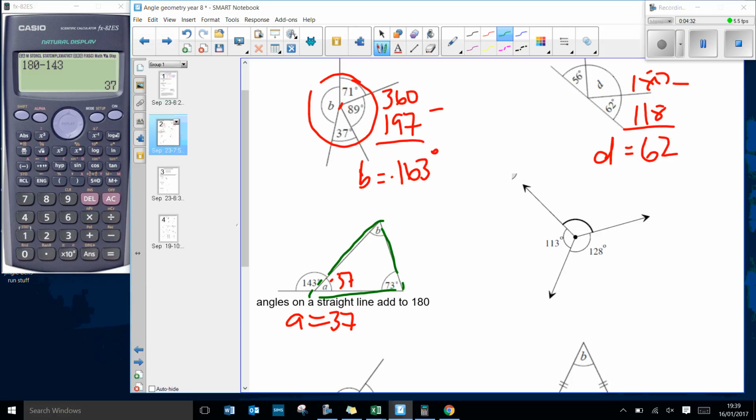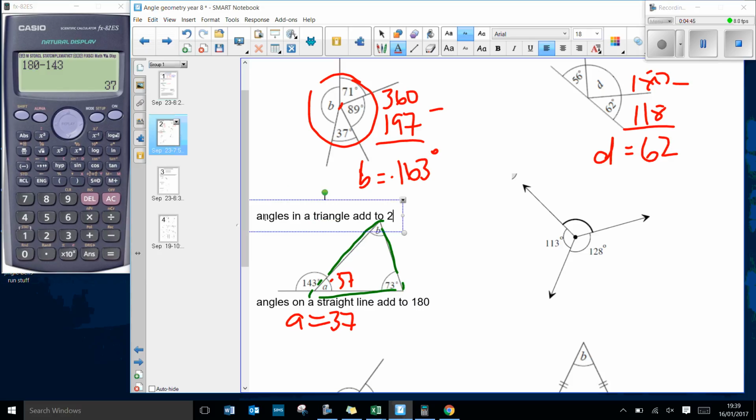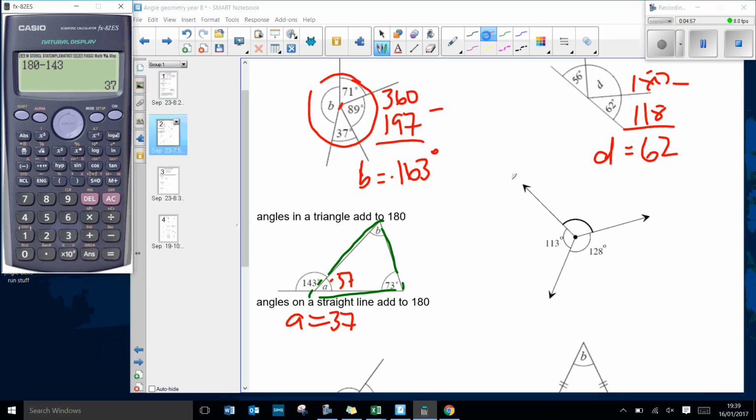So the reason for this one is angles in a triangle add to 180, and for angle B we would do 37 plus 73, which comes to 110, so it would be 180 subtract 110. So angle B would be 70 degrees.